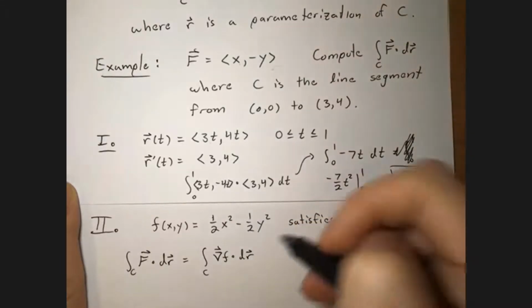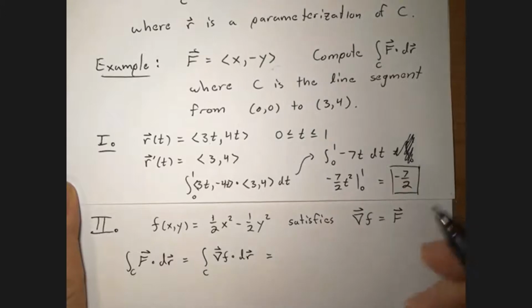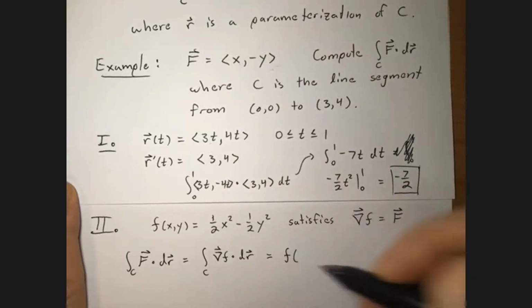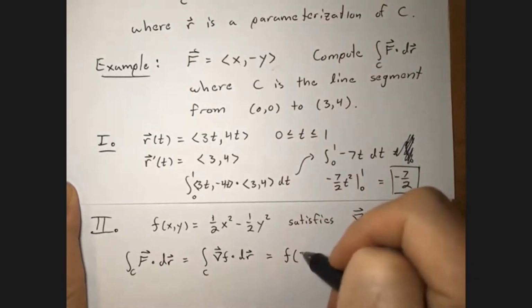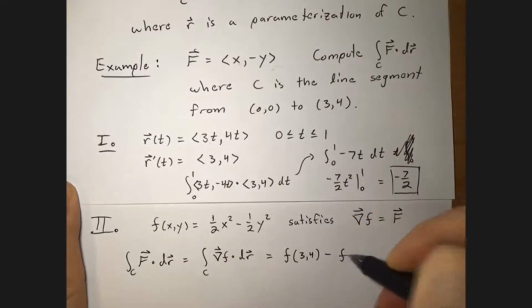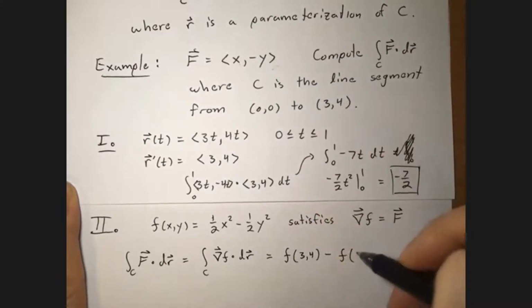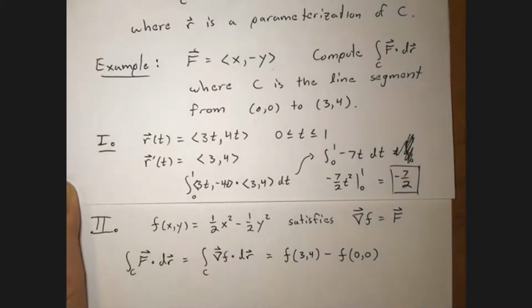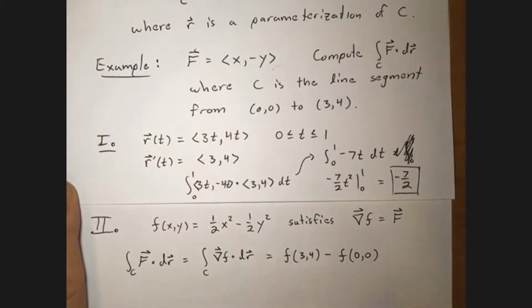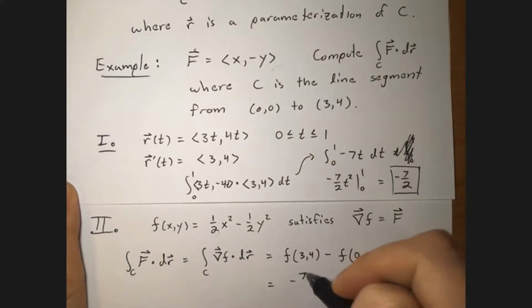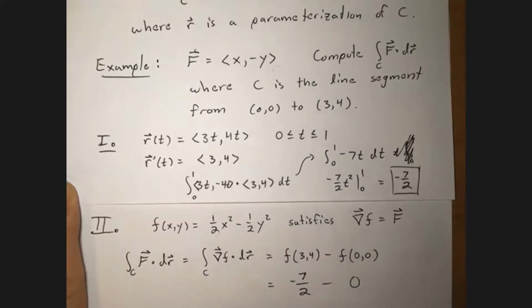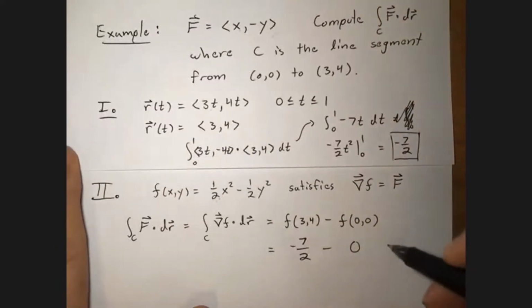And so the fundamental theorem for line integrals says that this is just going to be f of 3, 4, my endpoint, minus f of 0, 0, my starting point. 3, 4, plug it in. We get 9 halves minus 16 halves. That's negative 7 halves. 0, 0, plug it in, you get 0.